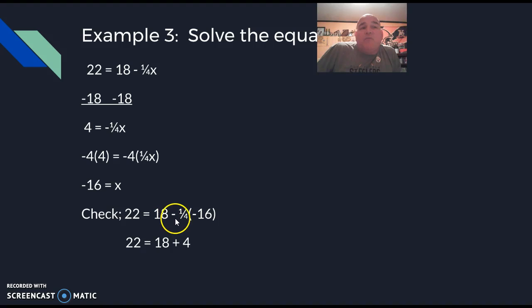When you multiply, remember, same signs are positive, so negative times negative makes positive. This is really 16/1, remember. So 1 times 16 is 16, 4 times 1 is 4. 16 divided by 4 would then be our 4. And 18 plus 4 is 22. And thus, we have our solution. And it does check because it gives us the same value on both sides of the equal sign.